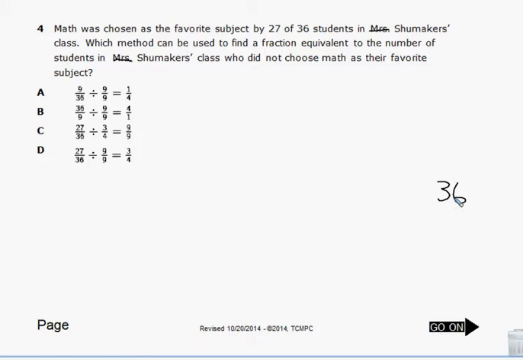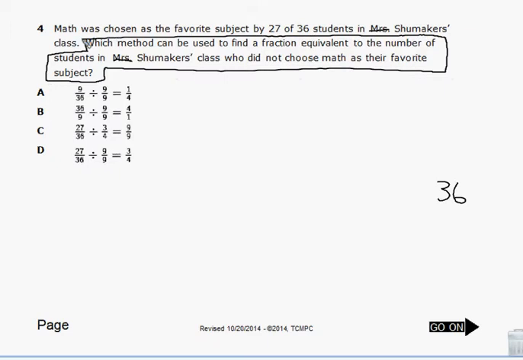The question is, which method can be used to find a fraction equivalent to the number of students in Mrs. Shoemaker's class who did not choose math as their favorite subject? And right here, these numbers, 27 out of 36 did choose it. So that means the rest of them did not choose math as their favorite subject.